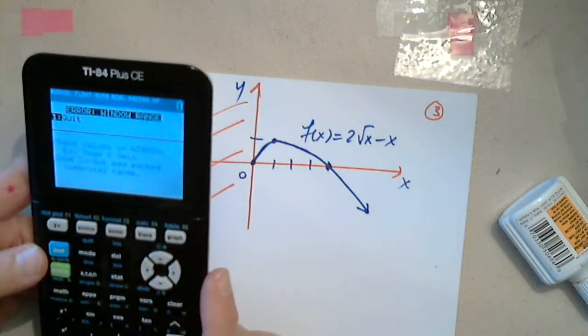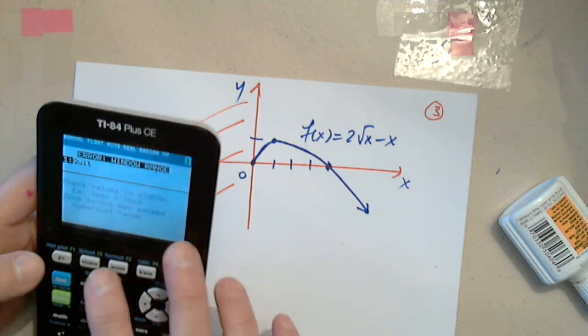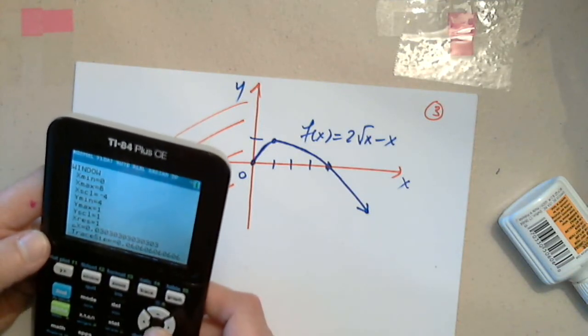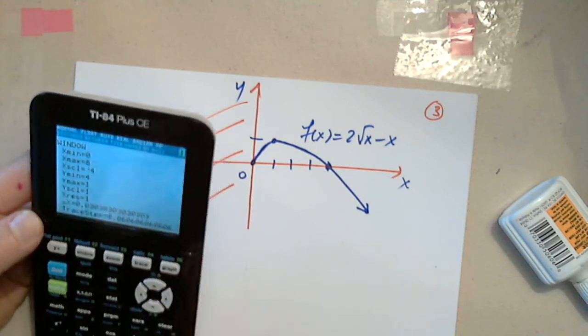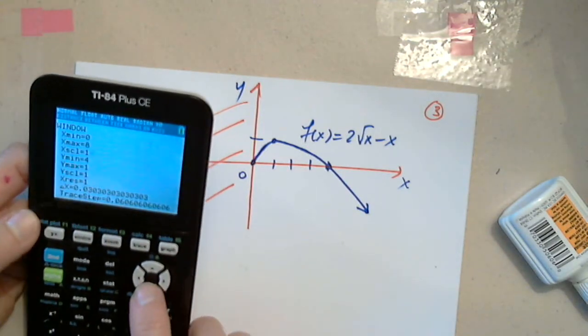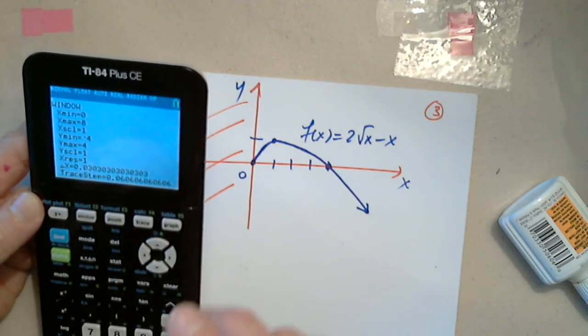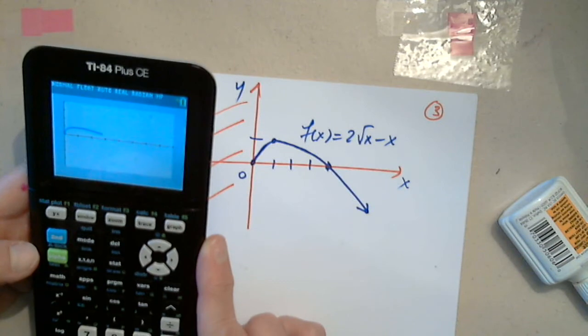I just want to see that. Oh, I messed up something. Let's see what I messed up. Oh, I put the scale of -4. Nobody cares about that. So -4 to 4. Yes, good. So here's the graph.